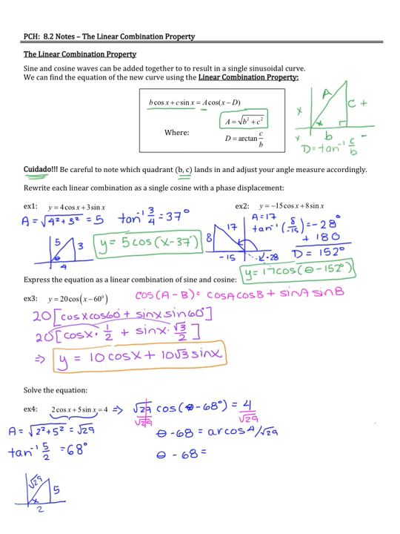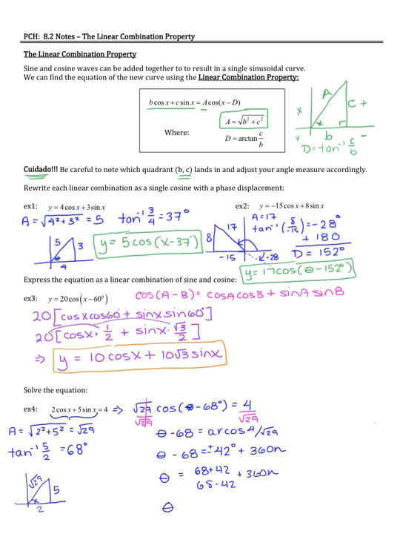So this is going to be 42 degrees plus or minus plus every 360n, every time we go around the circle. All right, so our final goal is to solve for theta. So that's going to be 68 plus 42 and 68 minus 42 plus our 360n.